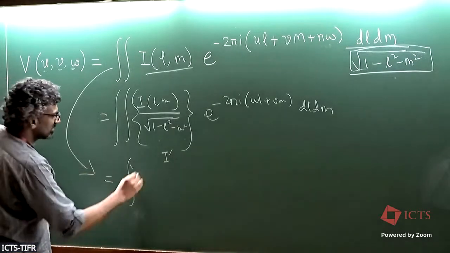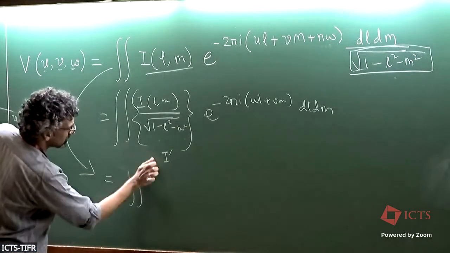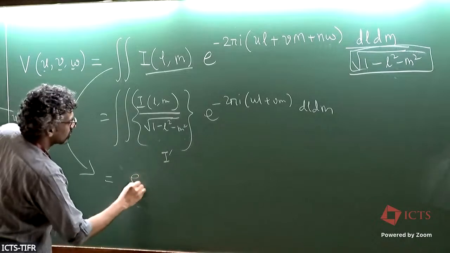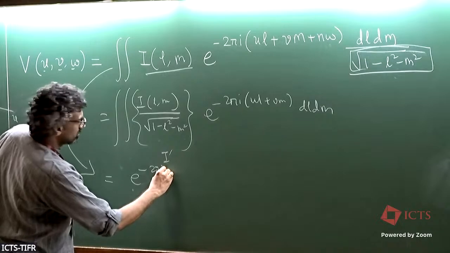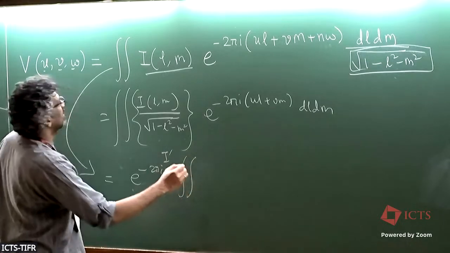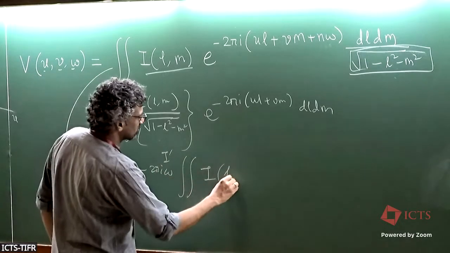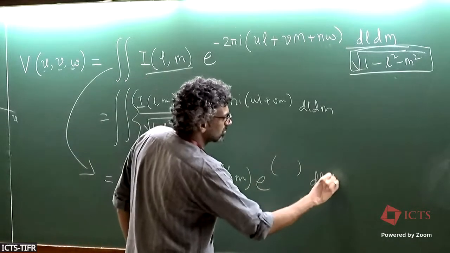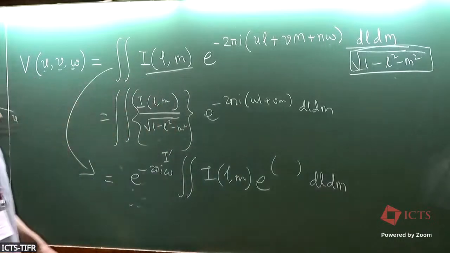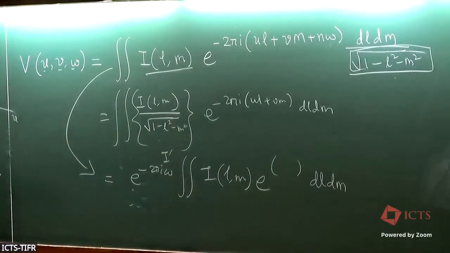So in this case, it will become e to the power minus 2 pi i w, and then again an exact Fourier transform. Okay, and in this case, when you are saying that my values of L and M are small enough, in that case also it becomes an exact Fourier transform.